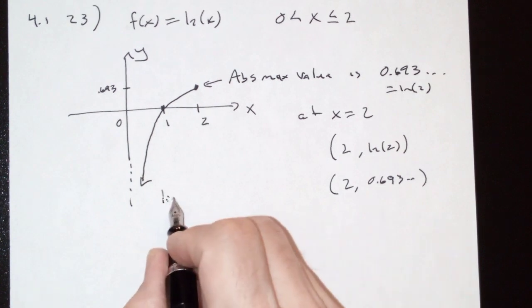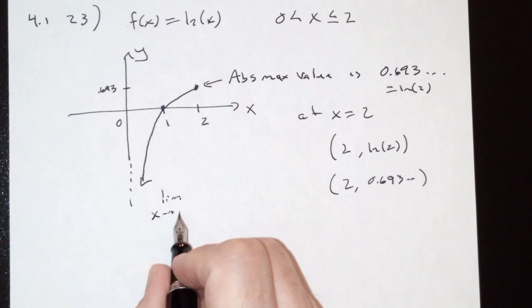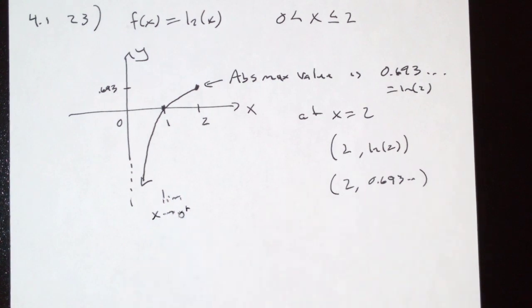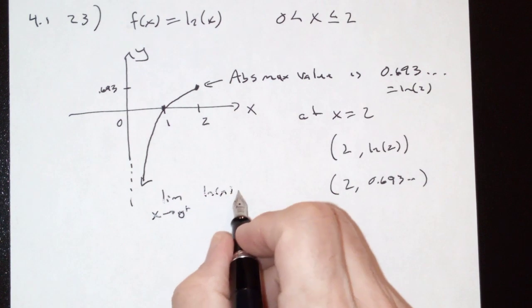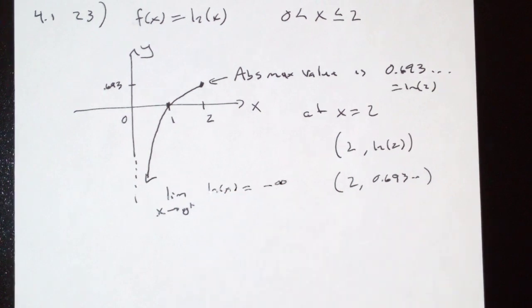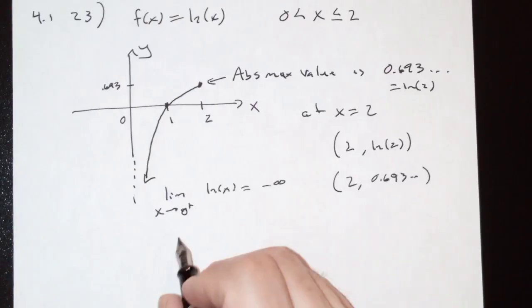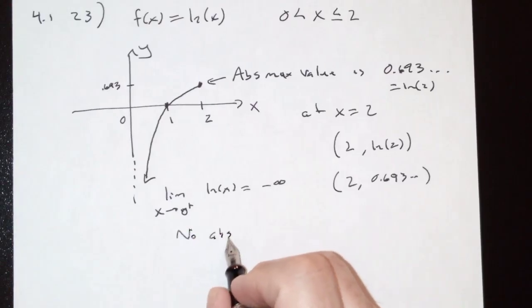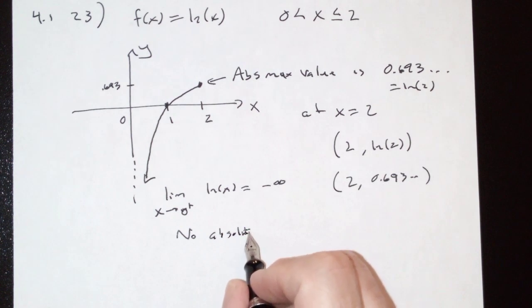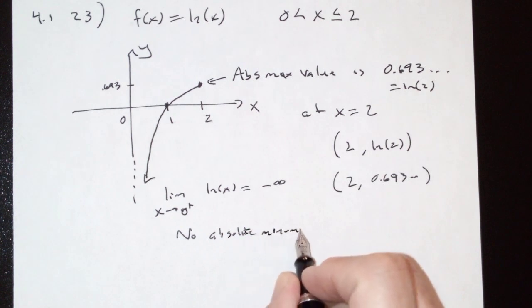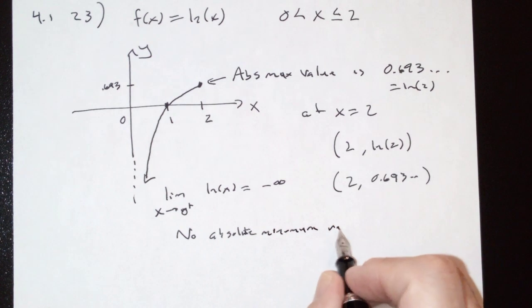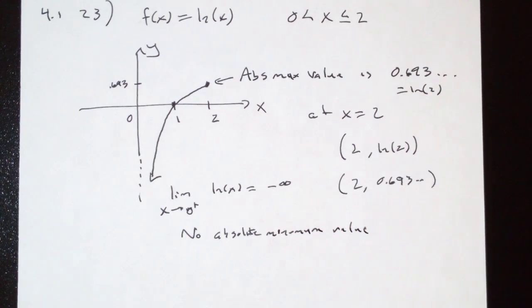I know the limit as x approaches 0 from the right of ln of x is minus infinity. That means there isn't a lowest point, and that means there is no absolute minimum value. No matter how much closer I get, I can always find another step in and another step down.